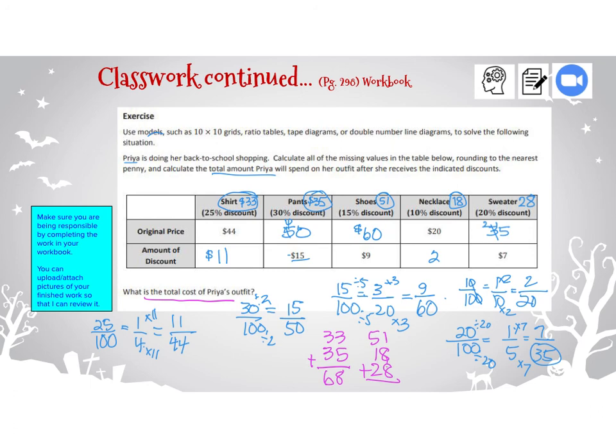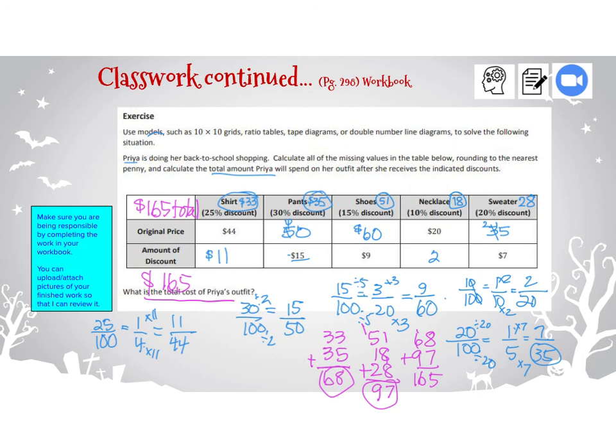There's 2, 16, 17, 5, 6, 7, 8, 9. So now I've got to take the 68 and the 97 and add 68 and 97. And there's 15, 16, $165 total for that outfit. So 165. I wrote it in the wrong place, but anyway, that is what her total outfit costs.